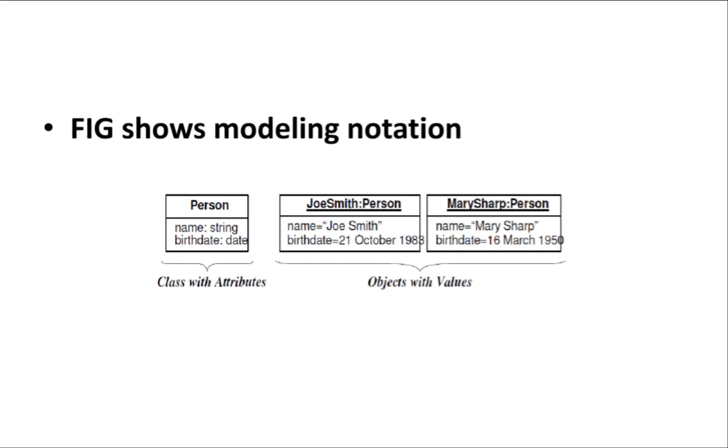If it's a class, the name is in the first compartment and attributes in the second. If it's an object, the name is in the first compartment and the object attributes are in the second compartment along with the values. Hope you're understanding, guys.